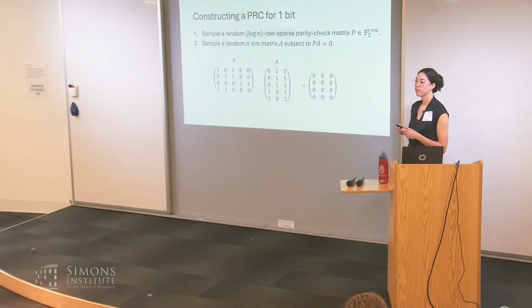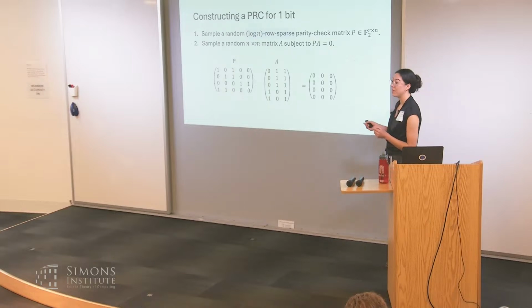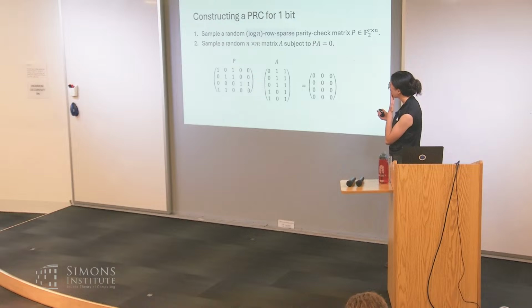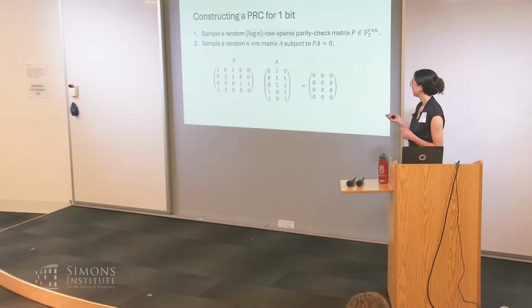And R is like some parameter that's determined from n, from the LPN assumption, right? Oh, sorry. R will be the length of the code word. N is the security parameter. Maybe. R and N are linearly related, so they're essentially the same thing. One of them is the security parameter, the other is the length of the code word.